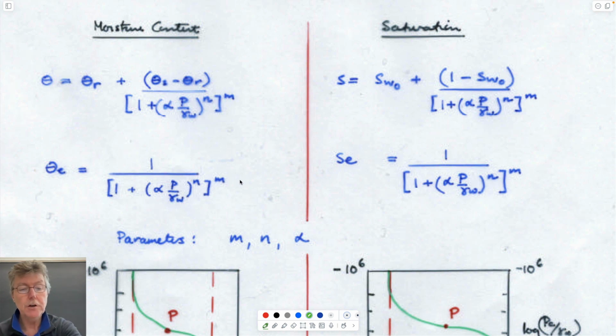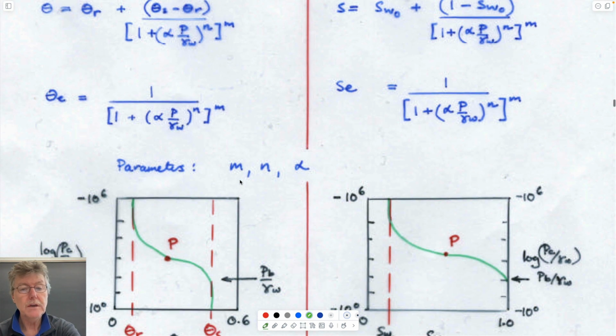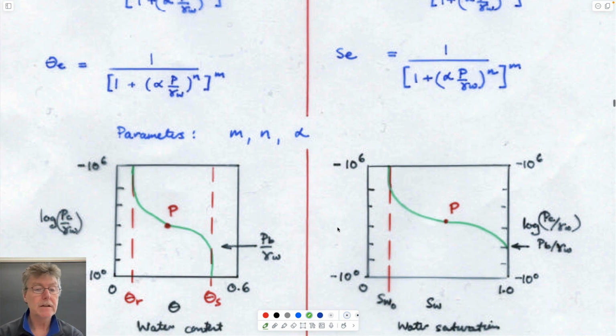And that is that these curves that we've talked about, we can define in terms of either saturation or volumetric moisture content. We know that there's a conversion between them, and so we can define these curves in either one. We do the same as before. We have a residual volumetric moisture content, which is our residual saturation of water. We have a 100% saturation, which is our saturation of 1.0.